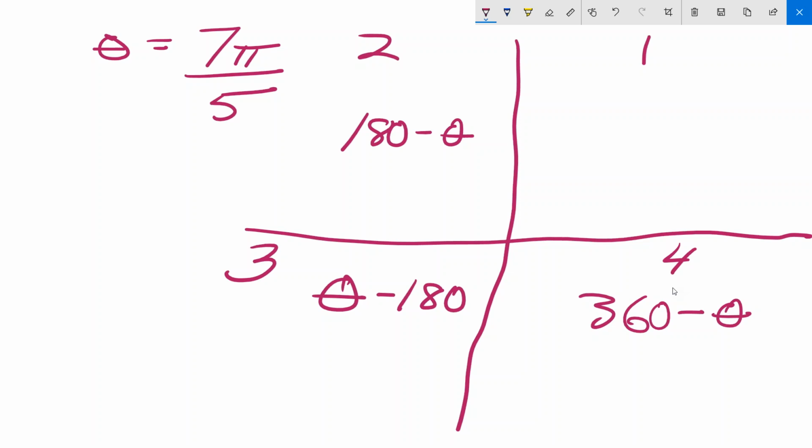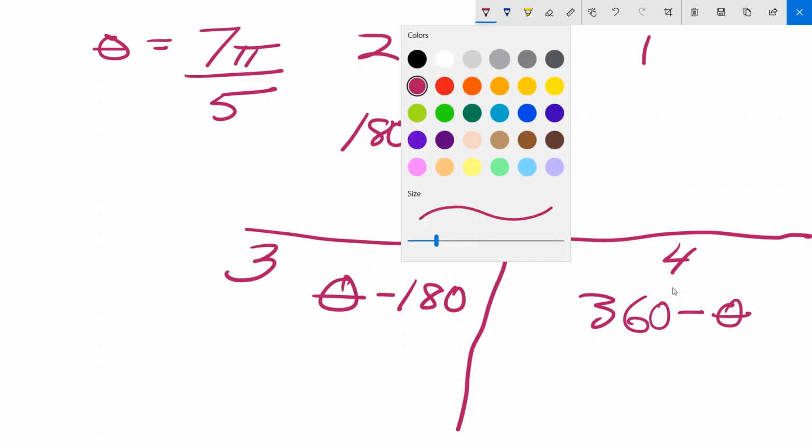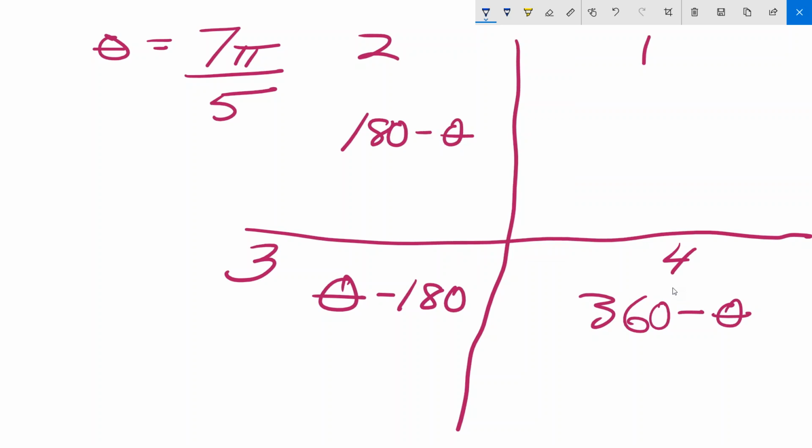Now, if you are in radians, these change a little bit. Let me write them in radians. Instead of 180, what is it? I'm going to be in radians. It's pi. So what's the third quadrant one?